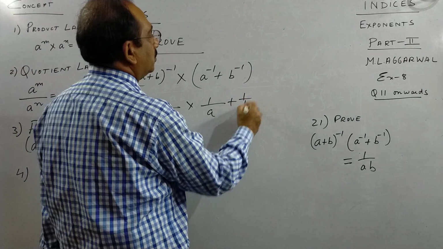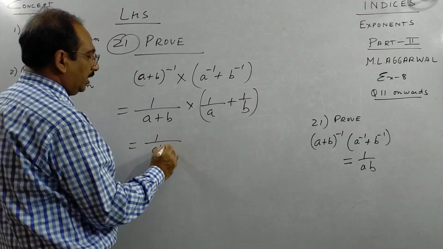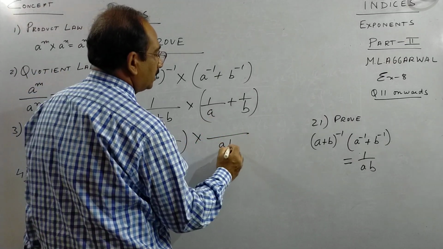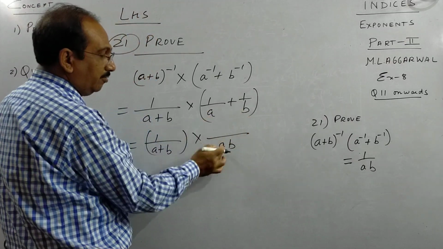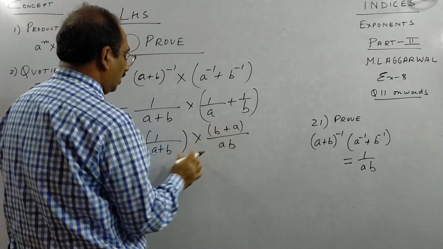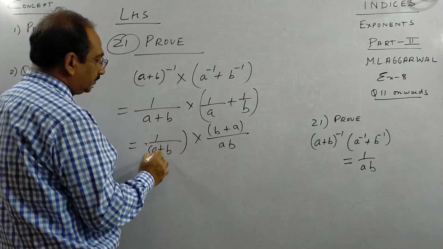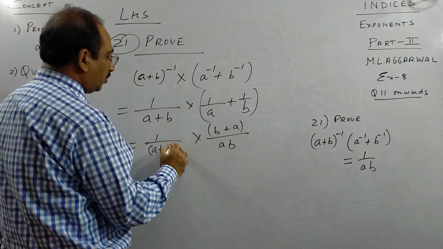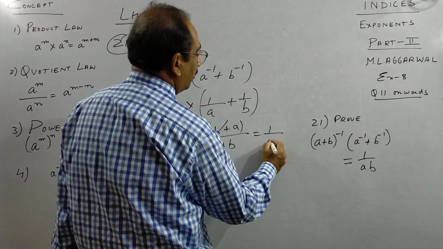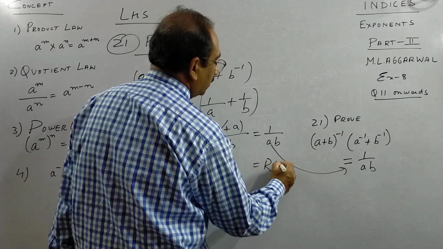Similarly, this comes to this form. So we have 1 by a plus b, and when you take LCM, it is ab. a will go b times, b will go a times. So ultimately, if you see, children, what happens here, I can show you in this step only. This will cancel and you will get 1 by ab, which is nothing but my right hand side.